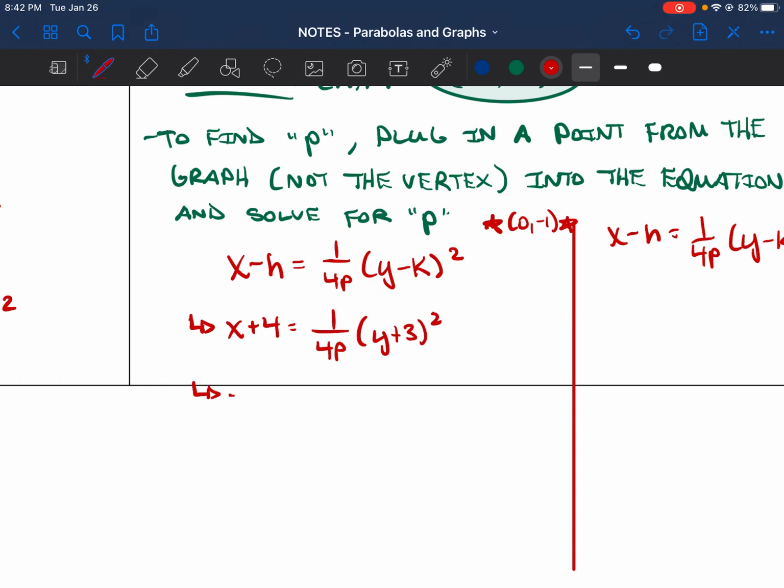So 0 plus 4, plugging in 0 for x, equals 1 over 4p, -1 plus 3, plugging in -1 for y, squared. All right, let's start simplifying here. 0 plus 4 is just 4, 1 over 4p.